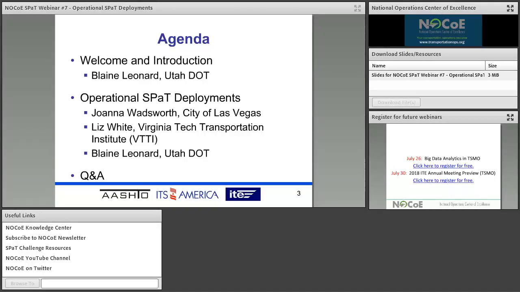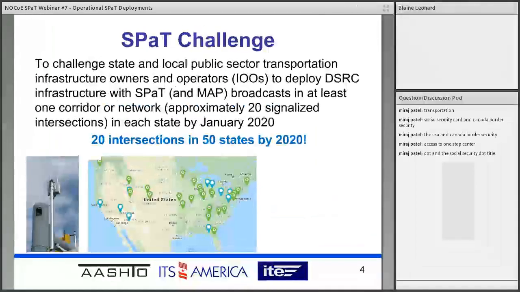First, Joanna Wadsworth from the city of Las Vegas will share her experience with deployment of the SPaT challenge, followed by Liz White from VTTI, who will cover Virginia's experience with the deployment. Finally, Blaine will again talk about the Utah DOT experience. That will be followed by the Q&A session, where all the panelists will help answer your questions. With that, I'll hand it over to Blaine to start us off with the webinar.